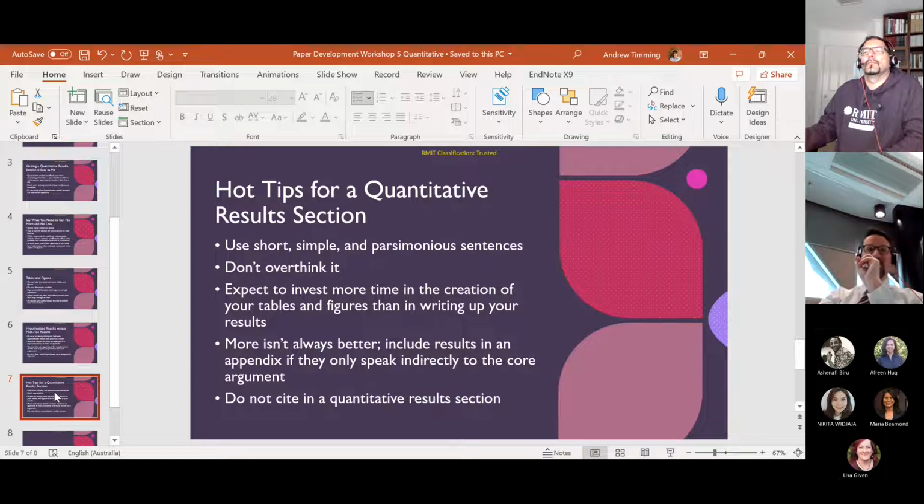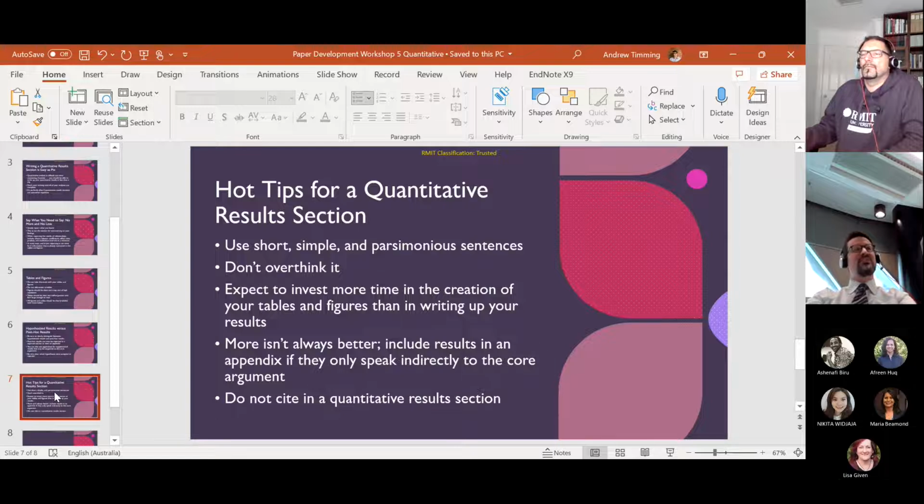More isn't always better in a results section. As I said before, if there are results that don't speak directly to your hypotheses or the core arguments, include those tangential results in an appendix rather than trying to create 50 pages of results that really don't say all that much in terms of confirming or disconfirming your hypotheses.